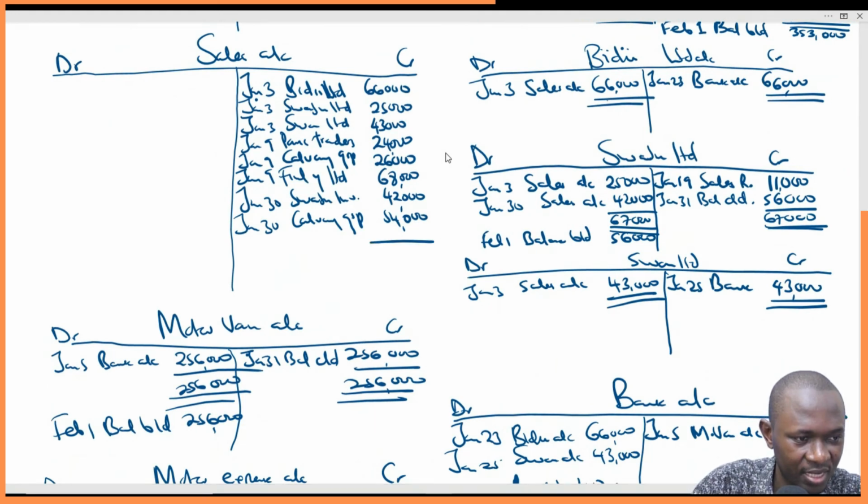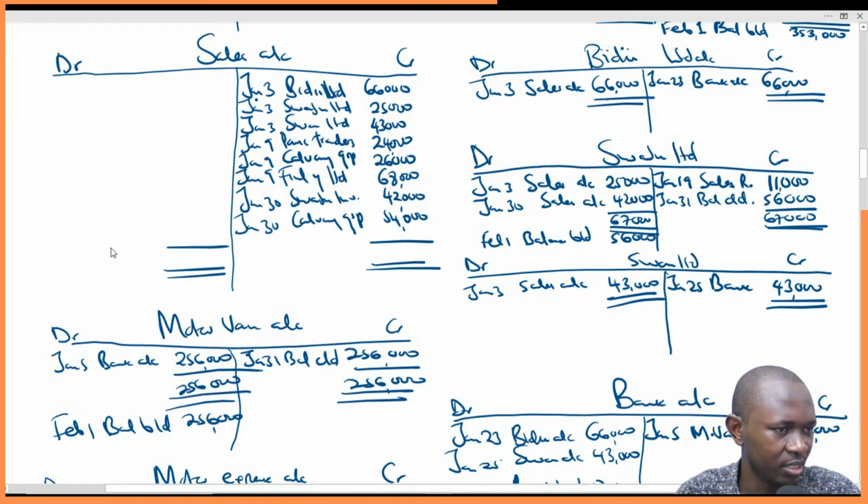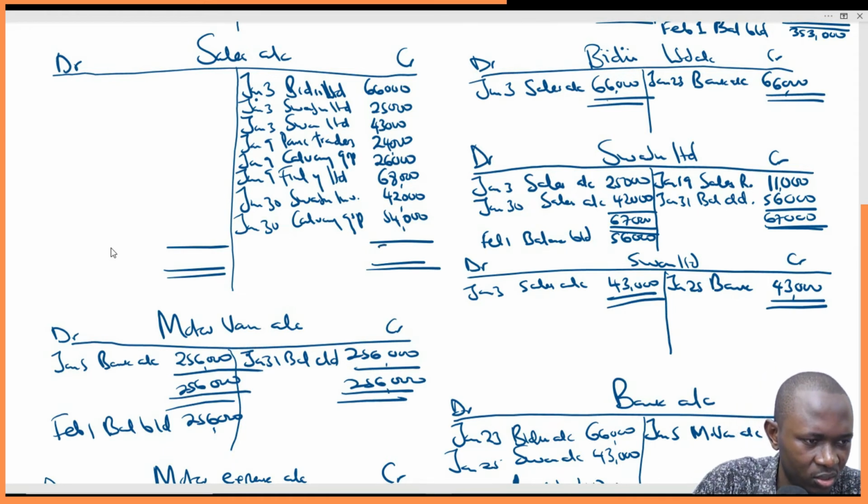So just like others, we'll have a balancing figure here. Get the total: 66 plus 25 plus 43 plus 24 plus 26 plus 68 plus 42 plus 54. That gives us 348. So 348,000.